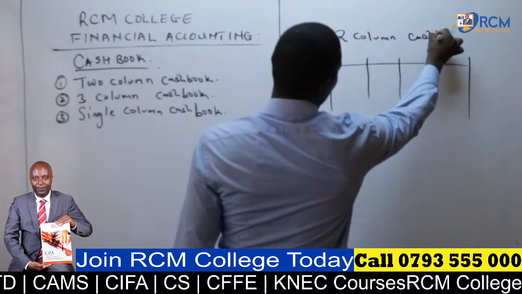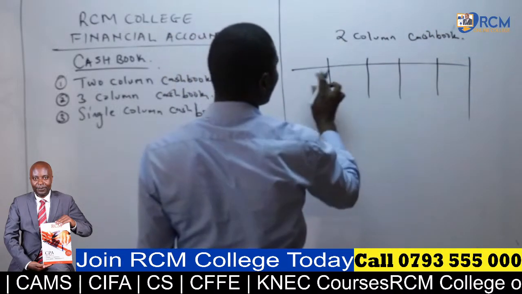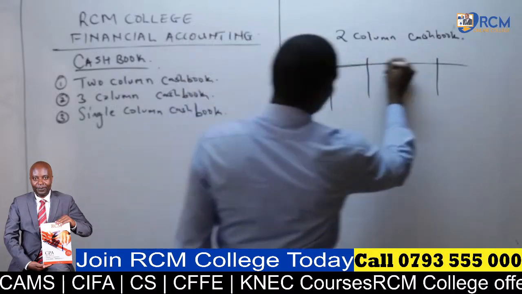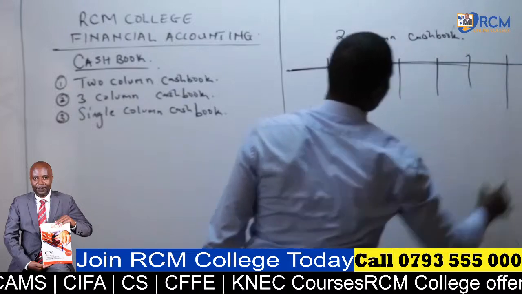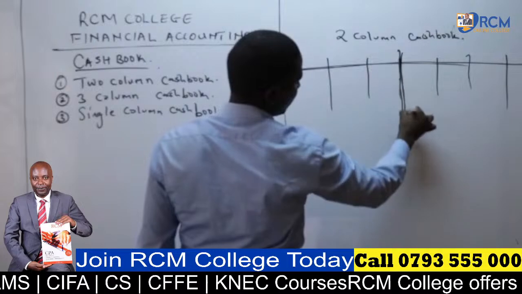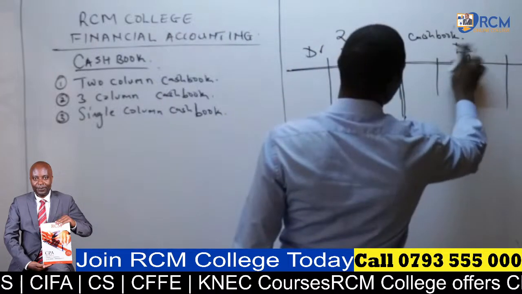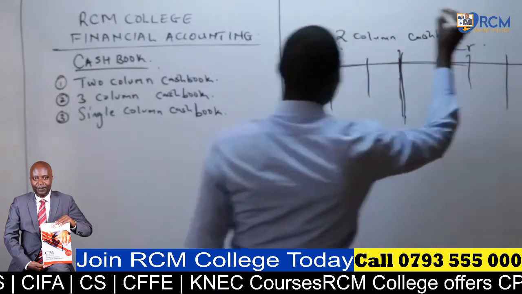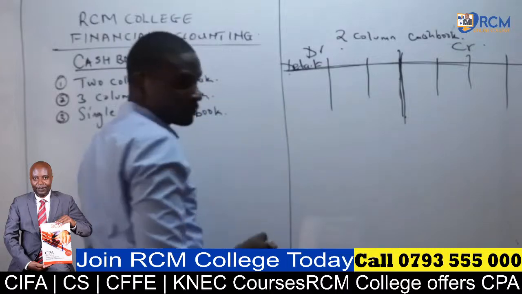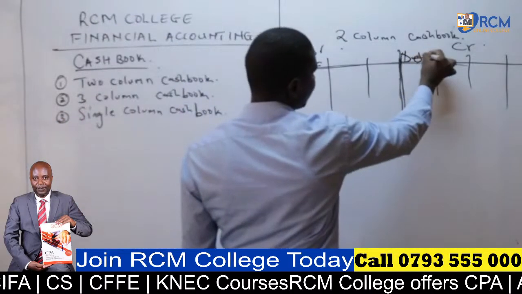I'll be having 2 lines here to show my demarcation. This will be the debit side, and this will be the credit side. So I'll be having details here in the first column. This is my first column, details.